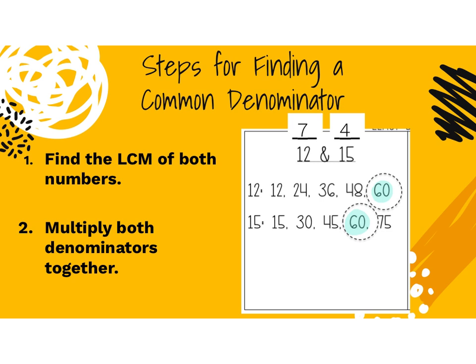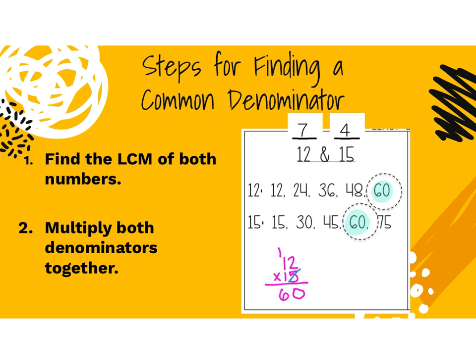The other option would be to multiply both denominators together. So we could multiply 12 times 15. Okay, 5 times 2 is 10. 5 times 1 is 5, plus the 1 we carried is 6.